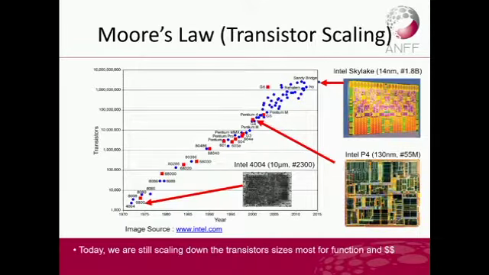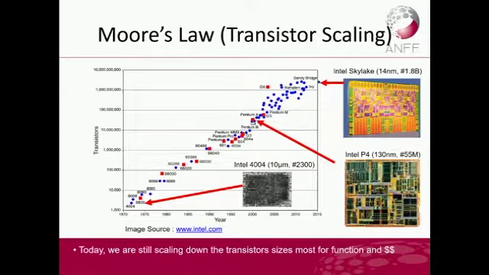So today, with most of the new CPUs you get, the reason why we are still scaling down in the industry is because we are after more functionality. So the maximum number of transistors on a chip will increase your calculation capacity.